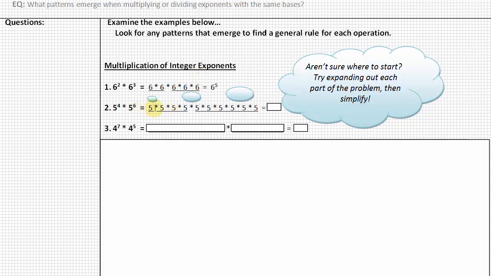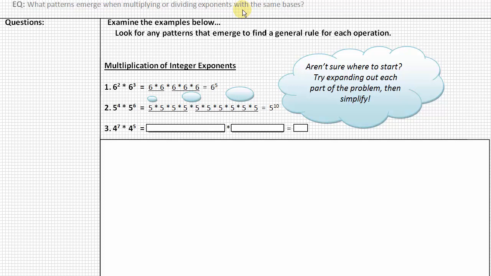Again, we see that our base number 5, when we expand all this out, is the same all the way through, and it's being repeatedly multiplied. In fact, it's being repeatedly multiplied 10 times. So it simplifies down to 5 to the 10th power.